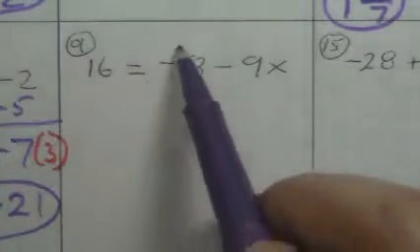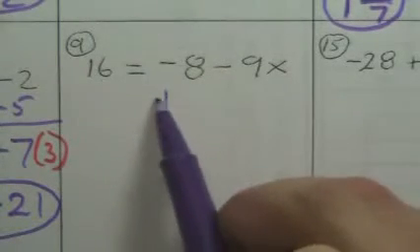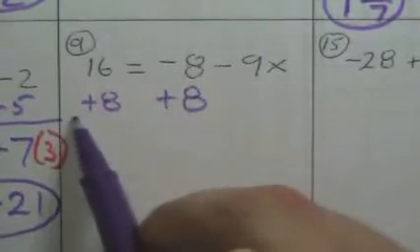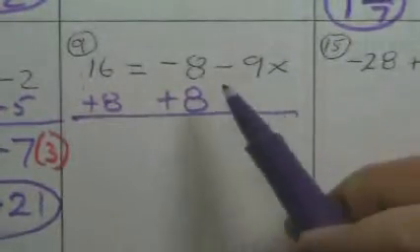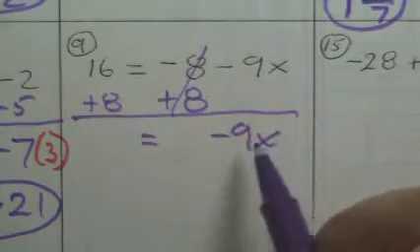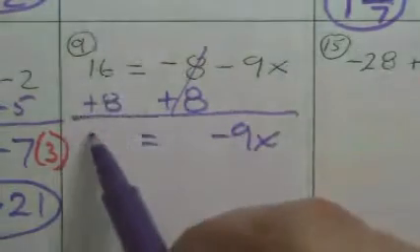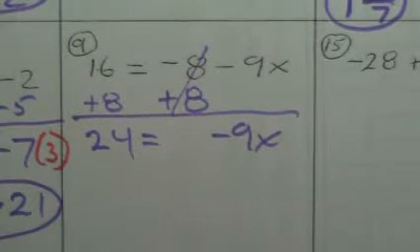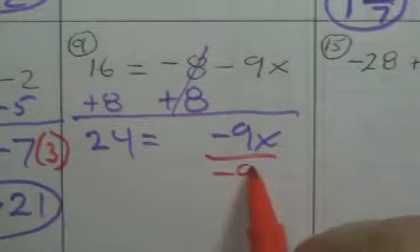Number 9, I want to get rid of the negative 8. 16 and 8 is 24. Next, I'll divide by negative 9.